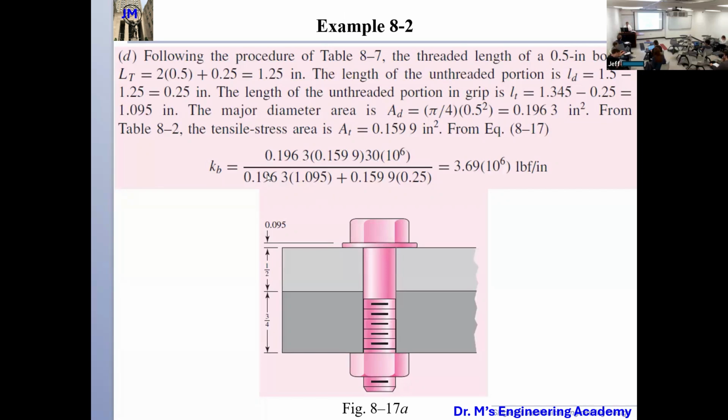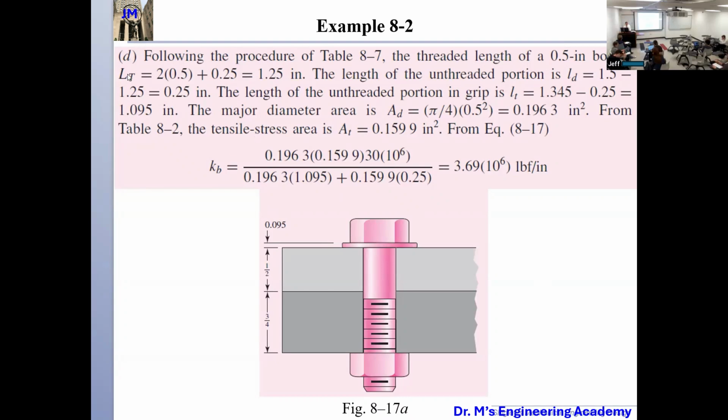So this AD is multiplied by the threaded length. I'm sorry, this is the unthreaded length, and this is AT multiplied by the threaded length. They just switch. Questions so far?